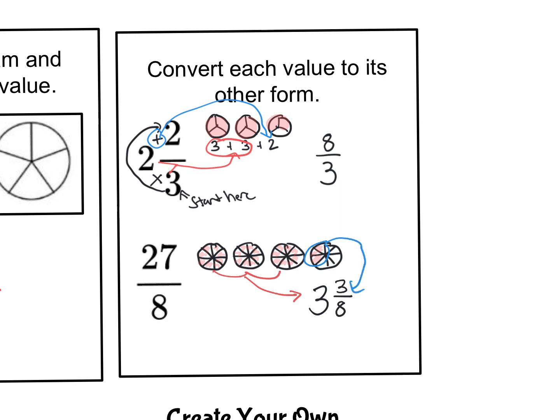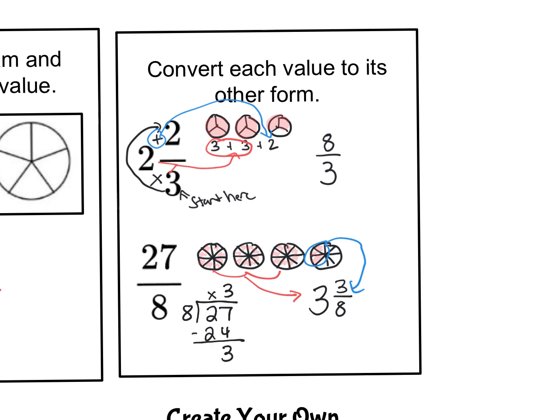Now, obviously, once again, we don't want to always rely on those pictures. So another way to think about that is because each circle had to be cut into eighths, what we're really doing is figuring out how many times 8 fits into 27. So I can go back and do division, and I can think of 27 divided by 8. So 8 can't go into 2, but 8 can go into 27 3 times, which is 24.